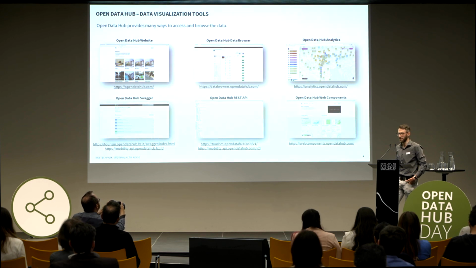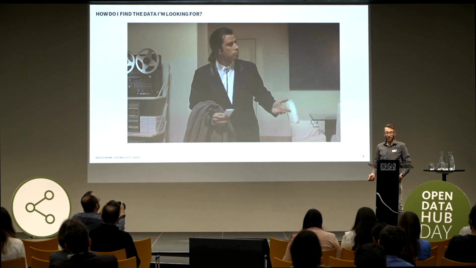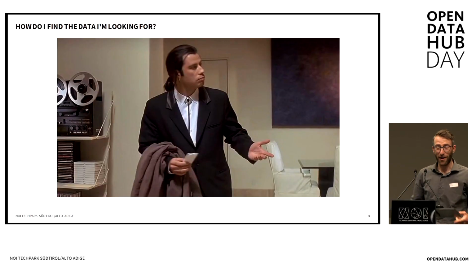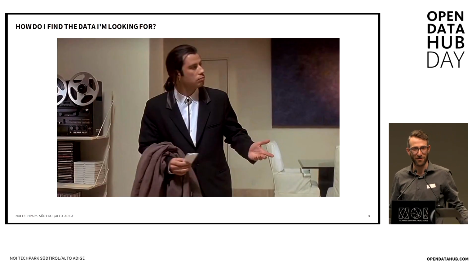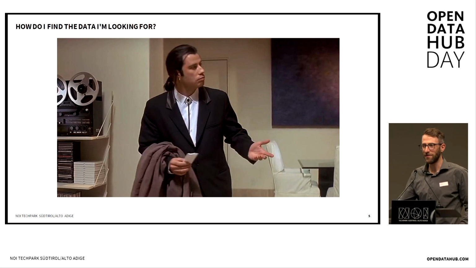But a lot of data, a lot of ways to access it, could lead to a little bit of confusion in our users, who do not know where they should go to see all the data the Open Data Hub shares, and how they can see all the visualization opportunities they have.